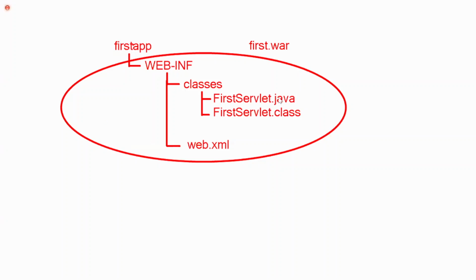First app folder, WEB-INF folder, classes folder. In that, FirstServlet.java, FirstServlet.class, and web.xml. After that, creating the war file.